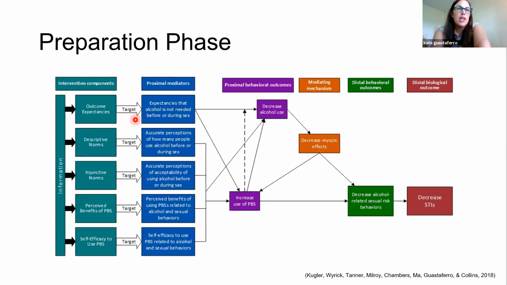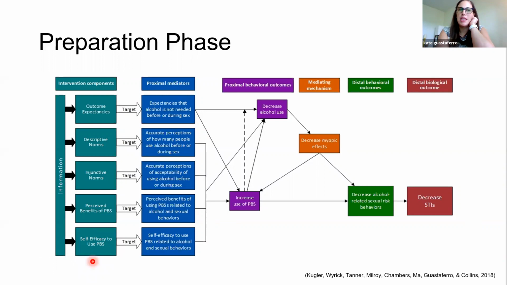So each one of these components is affecting one mediator, and then this side of the conceptual model shows how theoretically we're designing each one of these components to get to our ultimate outcome. Just for example, try to pick a simple one.